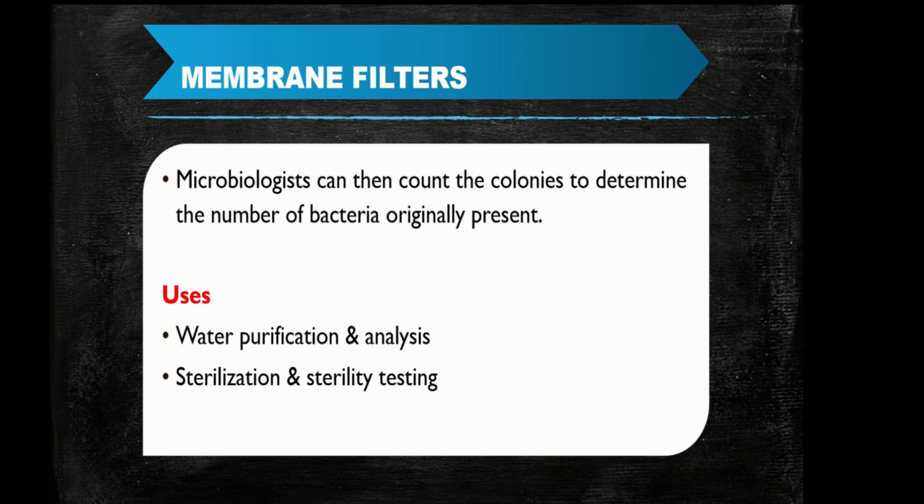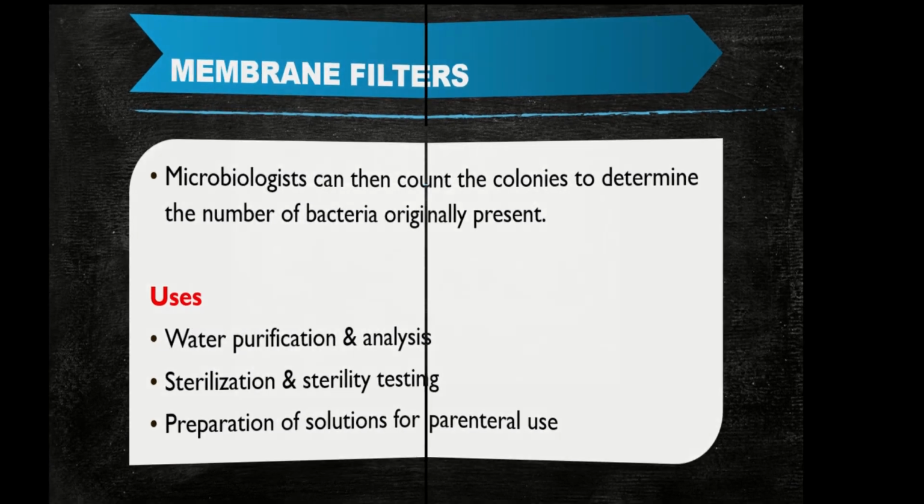After the process of water filtration, the filtered water is subjected to sterility testing to see whether it is properly filtered or not. It can also be used for the preparation of solutions for parenteral use. The solutions which are prepared can be filtered by the membrane filter, particularly for parenteral use. And this filter, once you have used it, can be discarded, and again a fresh sterile filter can be used.